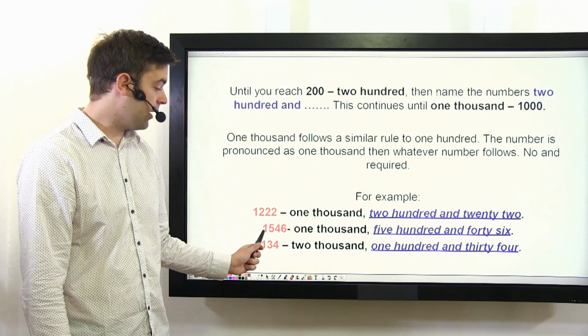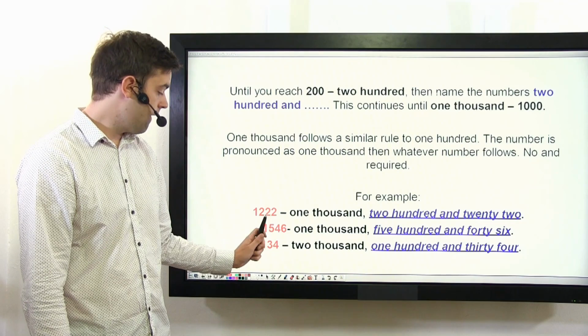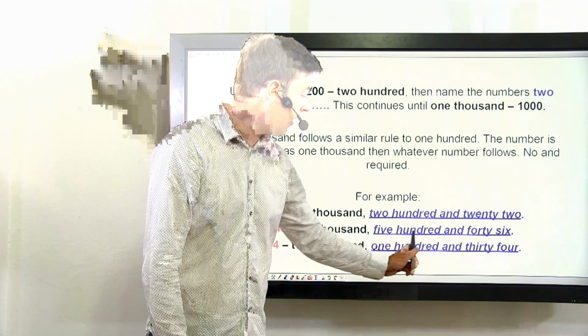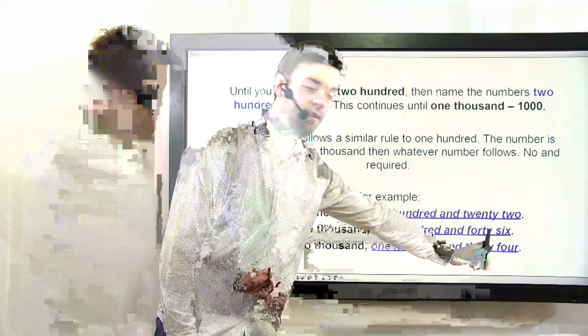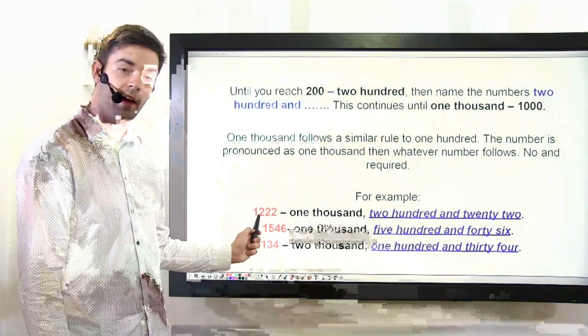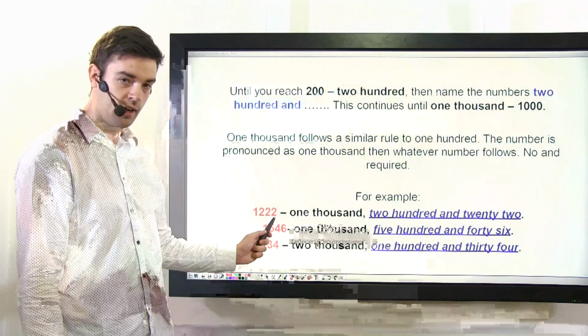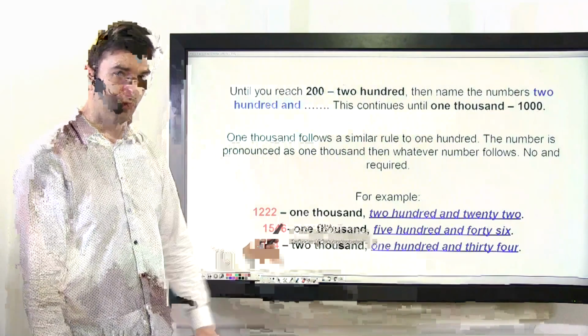We have 1000. 1500. This one we have 100 and 34. 134. 1222. 1540 and 34.